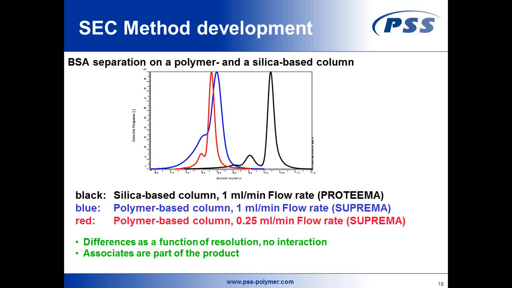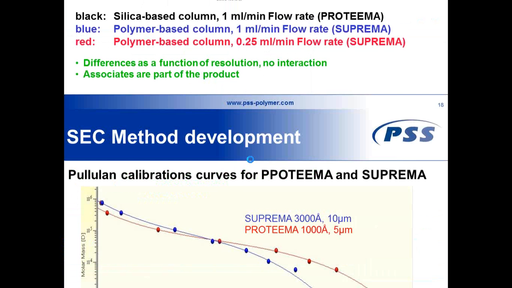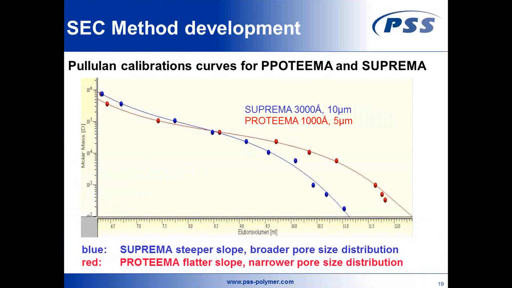What you do see here as an improvement of the resolution, this is what I just want to note at the end, is not due to any enthalpic interactions of my protein tending to these kinds of separation of the monomer and the dimer. The reason for this separation is simply the slope of the calibration curve.